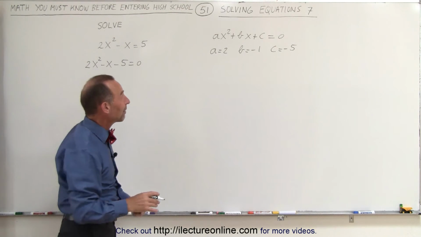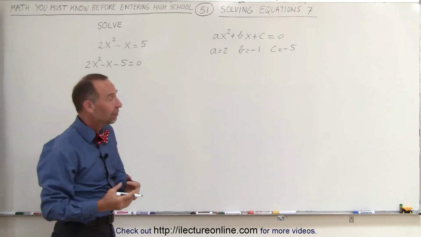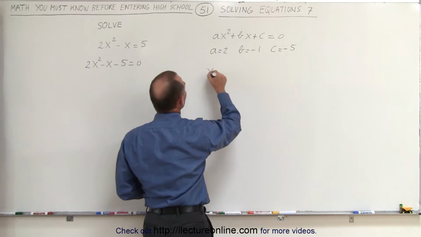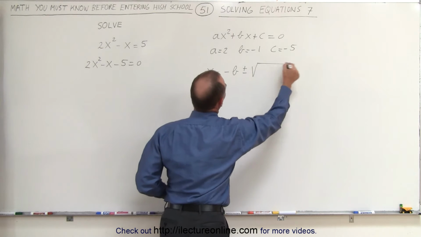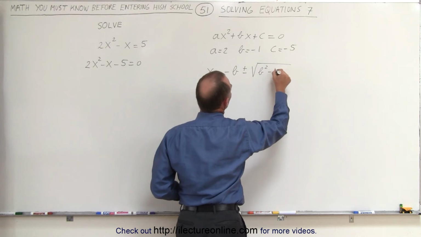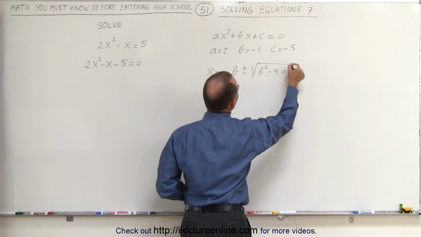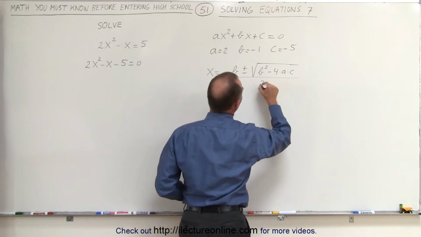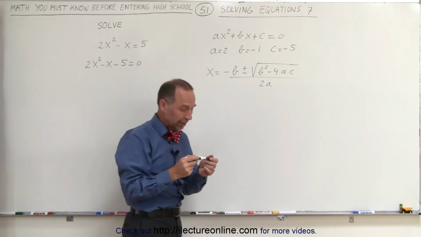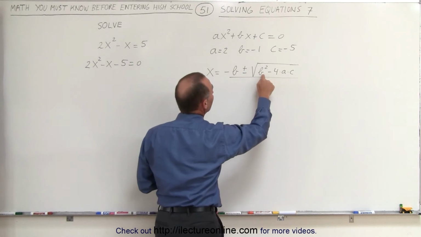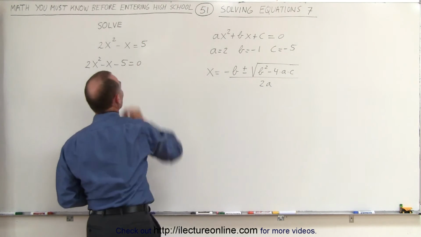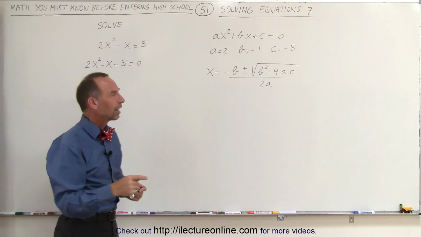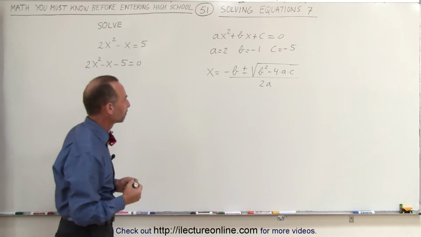And we know that if we have a quadratic equation like this, we can solve it by saying that x is equal to minus b plus or minus the square root of b squared minus 4 times a times c, all divided by 2a. And all we have to do now is plug in the proper values for a, b, and c to get the values for x that will satisfy this original equation. So let's do that. Let's plug in the values and see what we get.